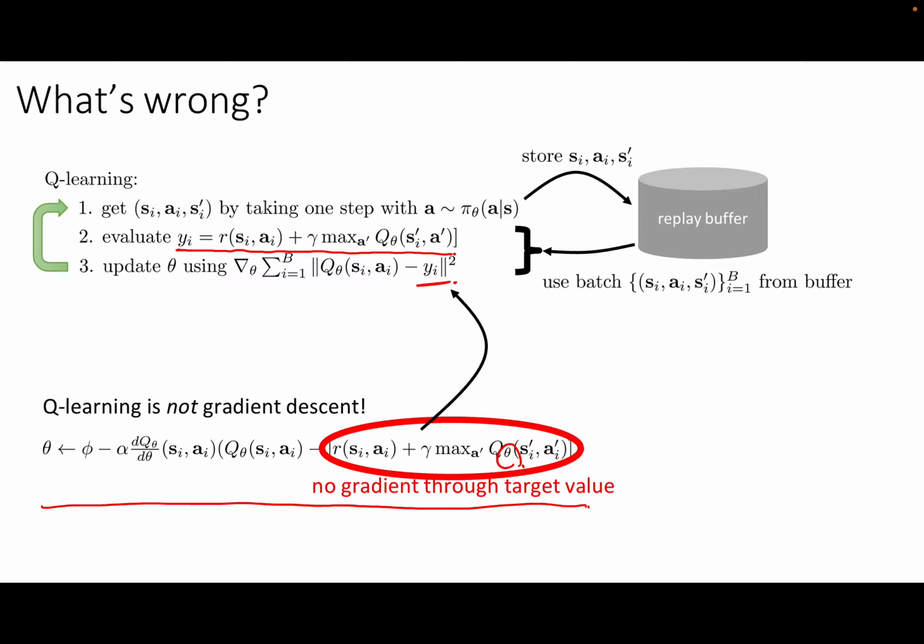So no gradient is backpropagated through the target value. That makes Q learning not gradient descent, because in gradient descent, all functions parameterized with theta should be updated. Here, no gradient is backpropagated to the target value, to stabilize the training, so Q learning is actually not gradient descent.